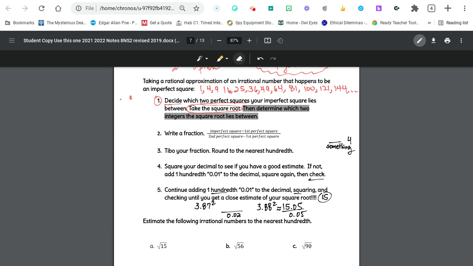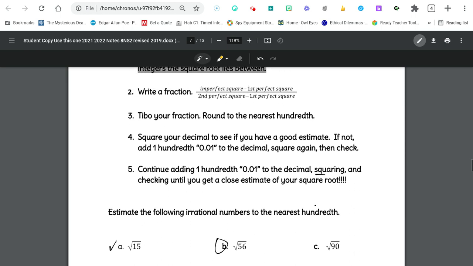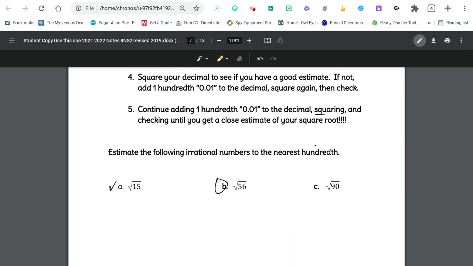So basically, I just see problem A below. So we just did A. I'm going to do the square root of 56 with it, okay? I'm going to put my perfect square list right here: 1, 4, 9, 16, 25, 36, 49, 64, 81, 100, and so forth, okay?